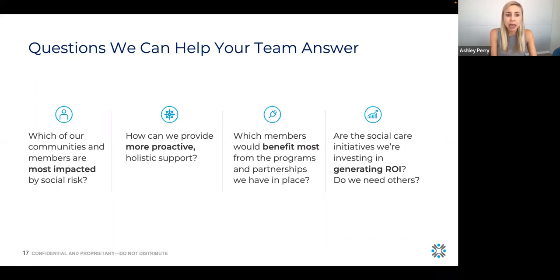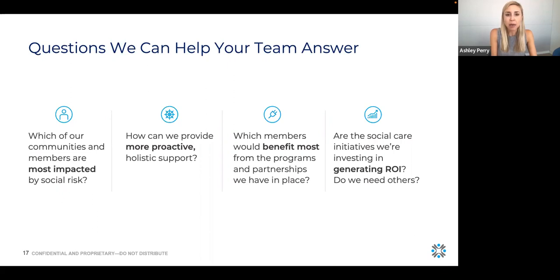So it's things like, which of your communities and members are most impacted by risk? We've talked about that a lot. That helps you from both a place-based perspective and a member-specific perspective understand where you should focus your investments and energy. It also can help you answer the question, how do you provide more proactive and holistic support?